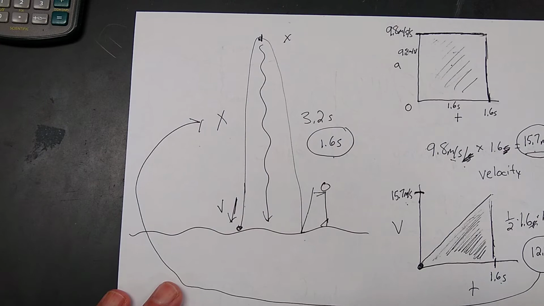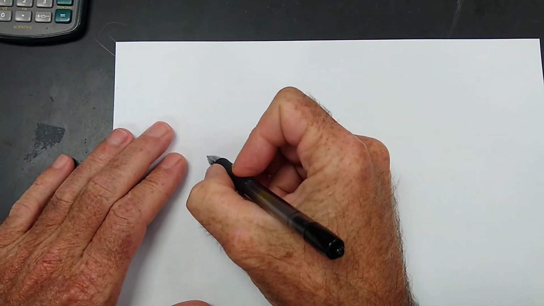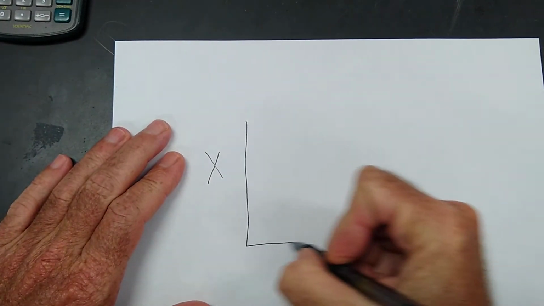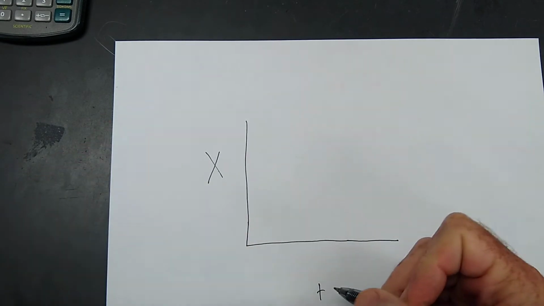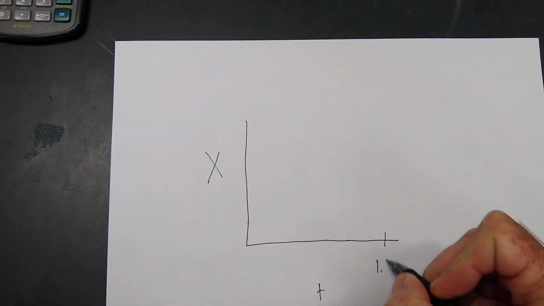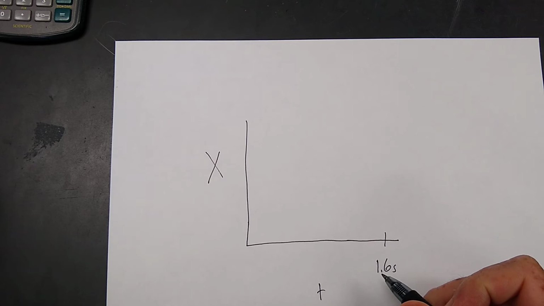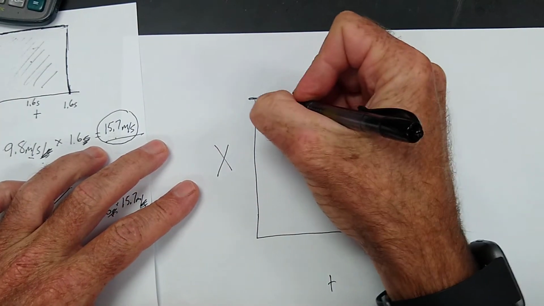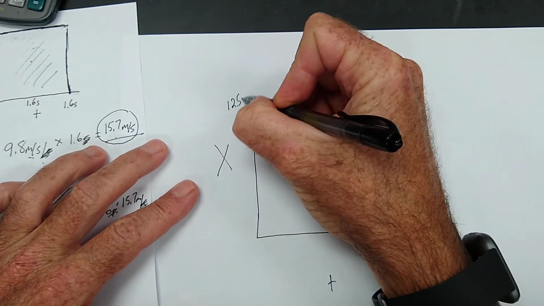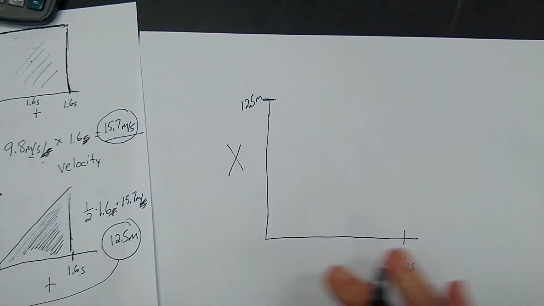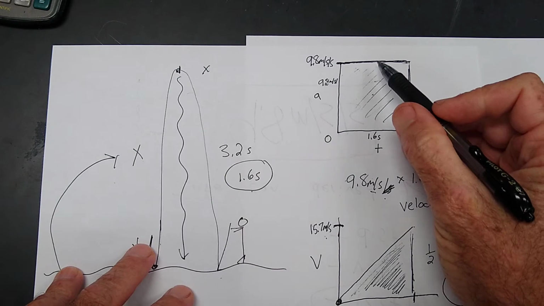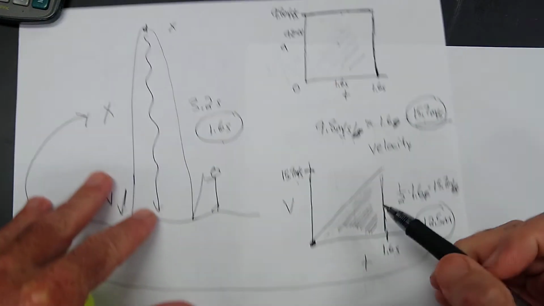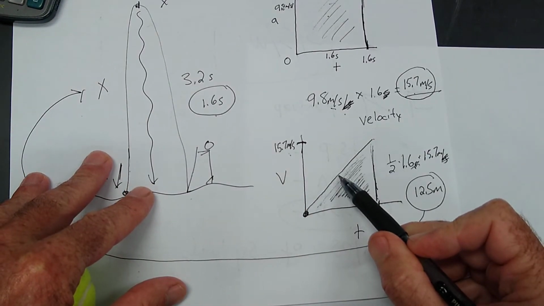Let's look at that graph. That graph would be distance, x, over time. The time it fell was 1.6 seconds, and it fell from a height, now that we know, of 12.5 meters. And we know, since the acceleration was constant, that we have a constant slope on our velocity.